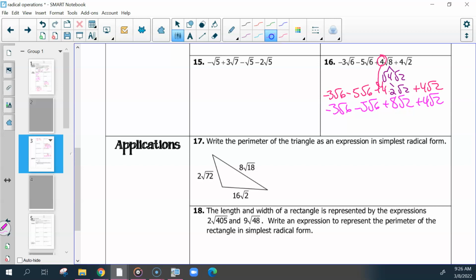Is there anything we could combine? 6 is in 6. So if we combine our 6's, what would that become? If we combine our 2's, what would that become? Not 8. So you could write it like this, where you can switch it. Both of those answers are correct.